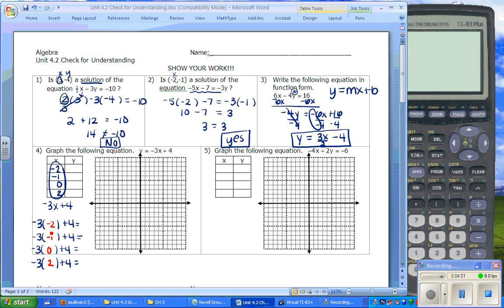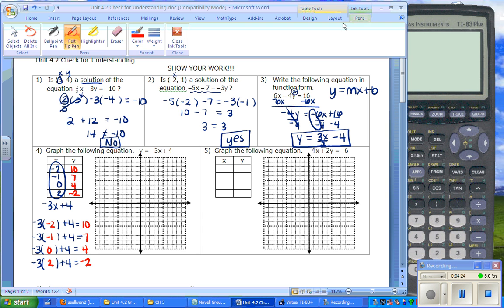Now we just simplify. Here we would have +6 plus 4 gives us 10. -3 times -1 is +3, so when we simplify we would get 7. -6 plus 4 gives us -2. Now we can take these values.